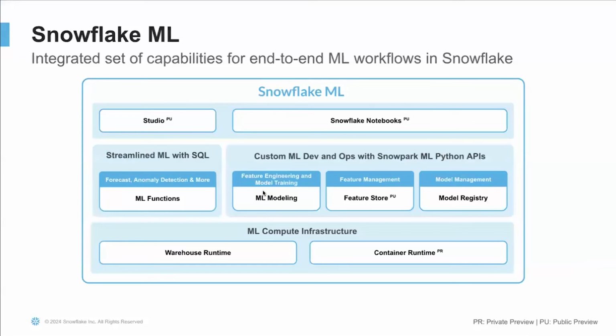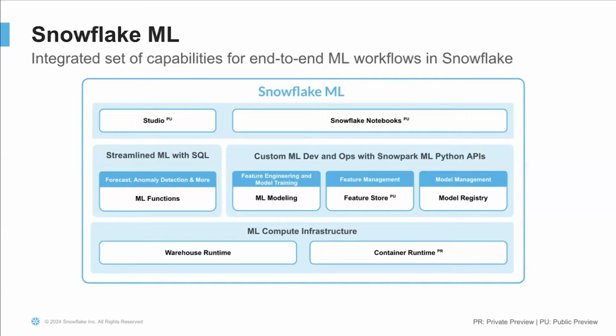Thanks, Matteo. Okay, so Snowflake ML is the integrated set of capabilities for end-to-end machine learning on a single platform, next to your governed data. Snowflake ML can be used for streamlined and fully custom workflows. For streamlined ML, analysts can use ML functions to shorten development time or democratize ML across your organization with SQL from Studio, our no-code user interface.